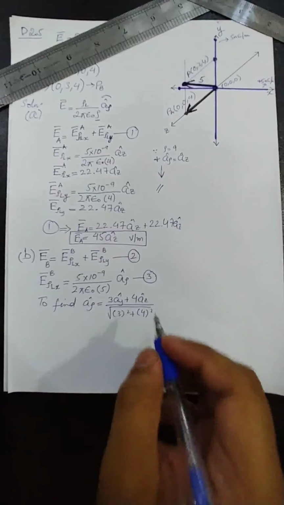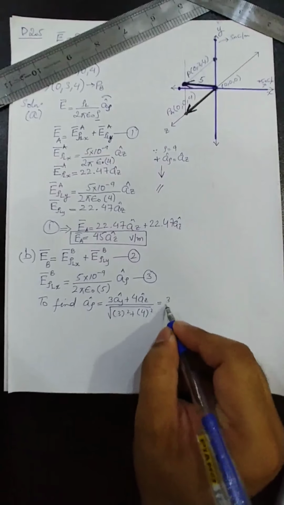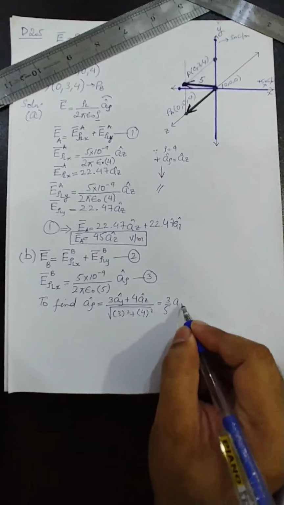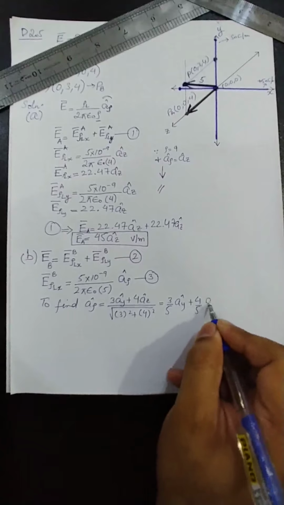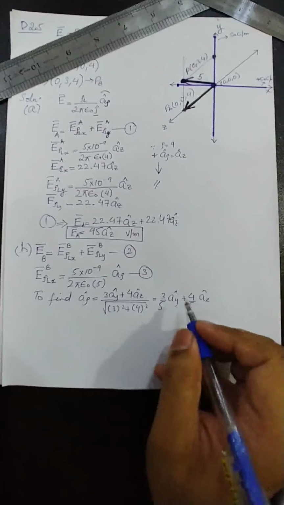In other words, 3 upon 5 ay plus 4 upon 5 az is a rho.